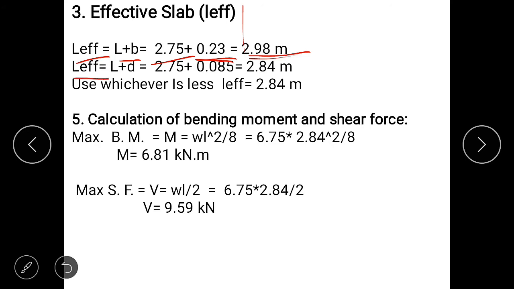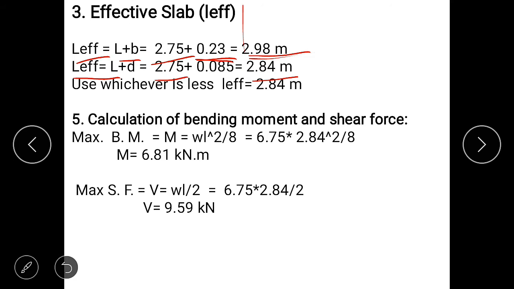Second, L effective is equal to L plus D, where D means depth of slab. 2.75 plus depth of slab 0.085 meter. So L plus D is equal to 2.84. From first, L effective is 2.98 and from second, L effective is 2.84.